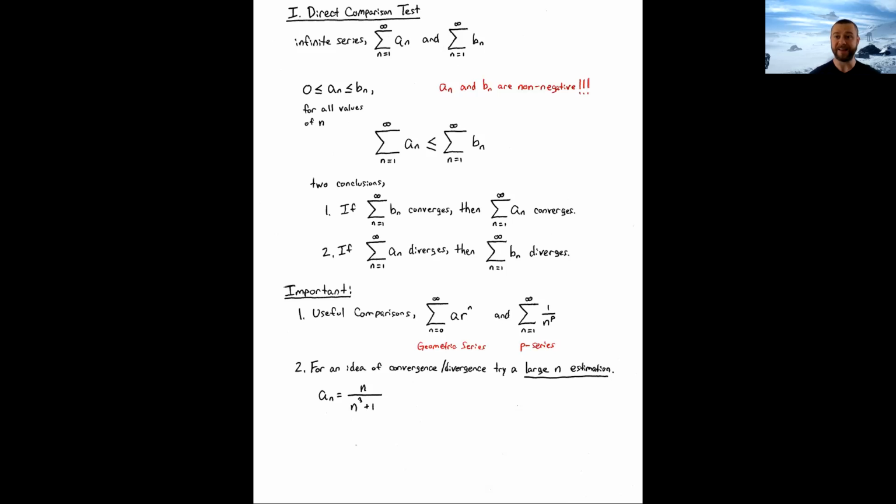Now, how do you get that idea first if your infinite series converges or diverges? Well, we're going to use what's called a large N estimation. So let's take a look at a general term here, a sub n defined as n divided by n cubed plus 1. And if we take a look at this expression and think, what does this behave like when the value of n becomes very big, think for the moment, let's say n in this expression is 1 million.